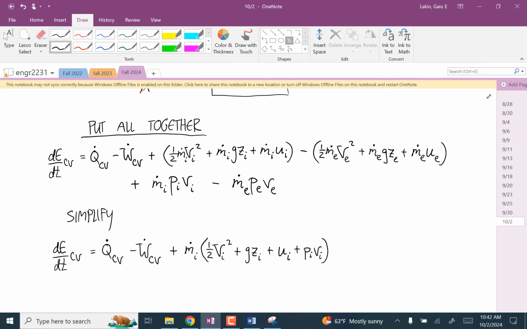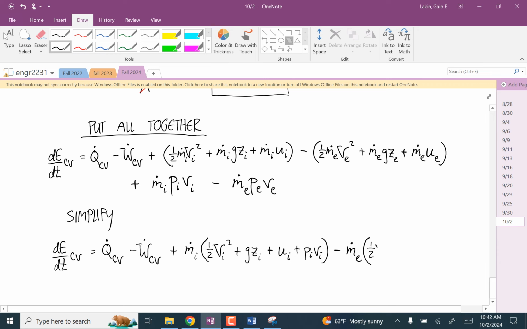And then we're going to subtract all the stuff at the exit. So minus m-dot exit times the quantity, and then it's going to be all this same stuff again, but with exits instead of inlets.